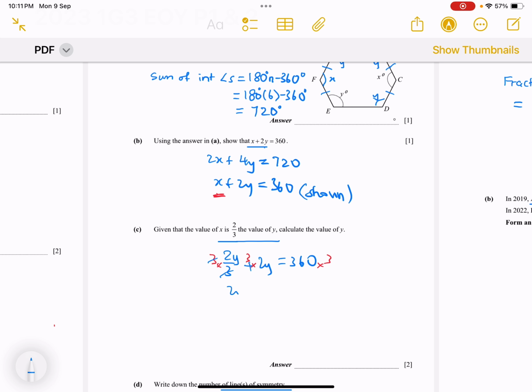So now we have 2y plus 6y equals 360 times 3, which is 1080. Okay, so we have 8y is 1080 and y is 135.